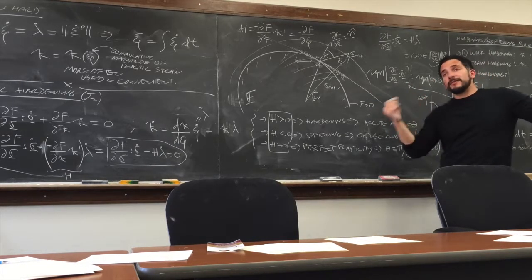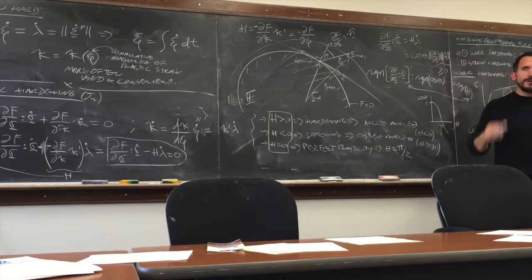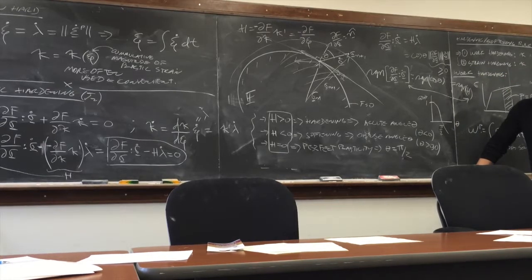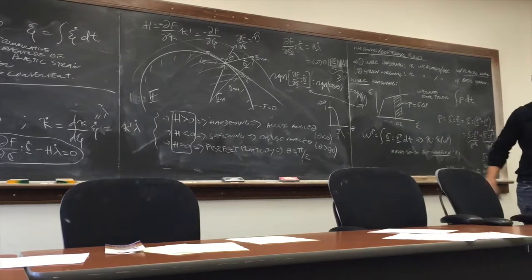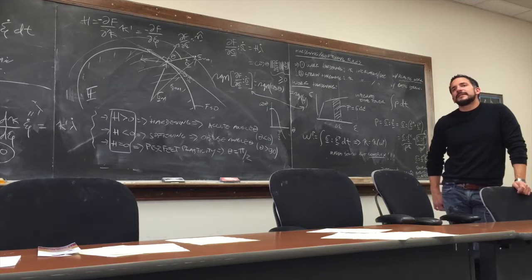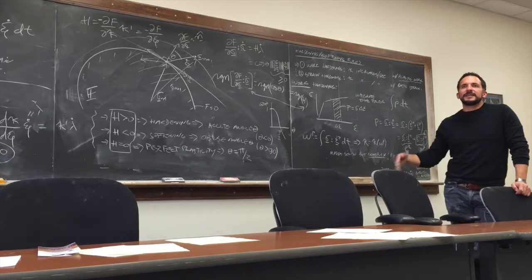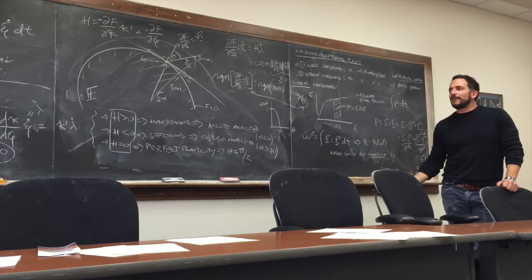But the moment that your increments are a little bigger, you can start having these issues that you're trying to solve in your mind, which is, okay, am I being consistent with my plasticity rules? Am I following everything that I'm supposed to do? Am I satisfying all the conditions? And the answer is that in explicit methods, not always. But in implicit methods, you are guaranteed you will, as you will see. Everything gets updated at the same time. Now, the price to pay for that is complexity of implementation, right?